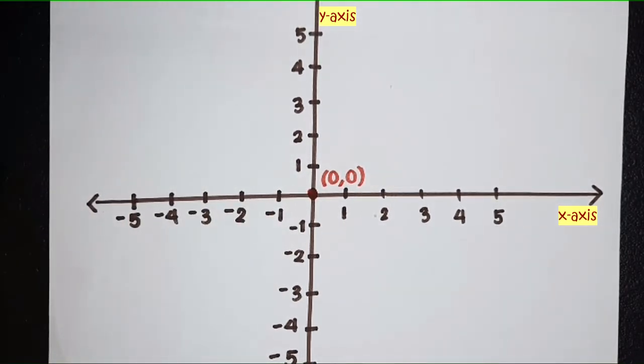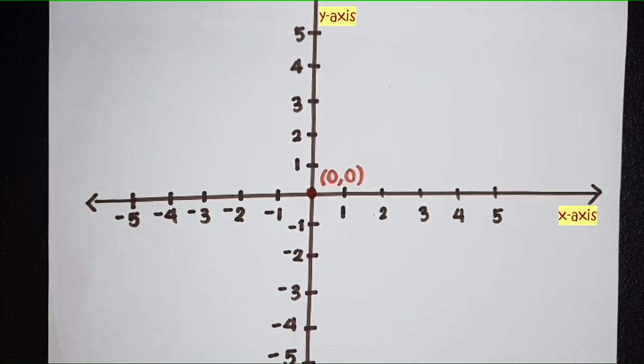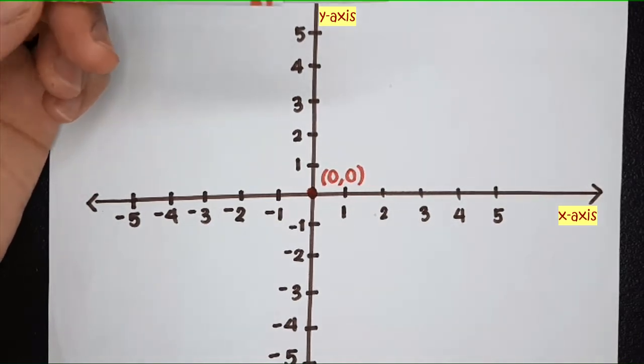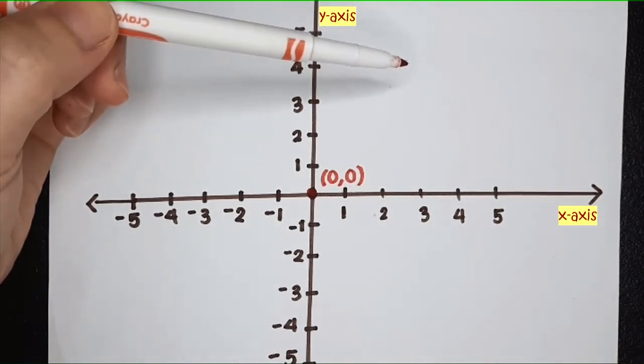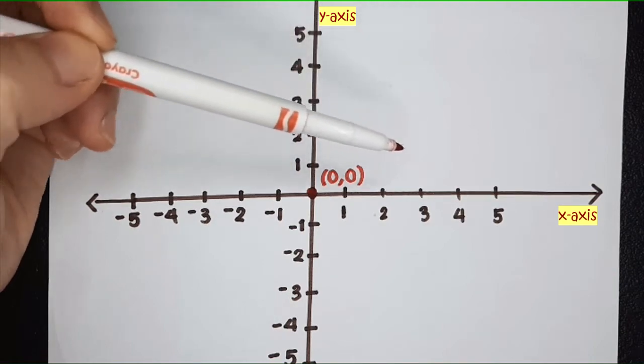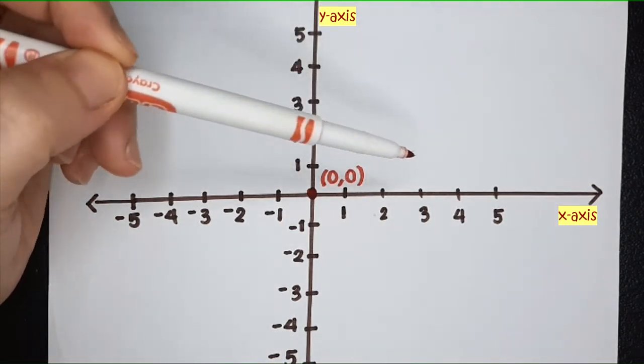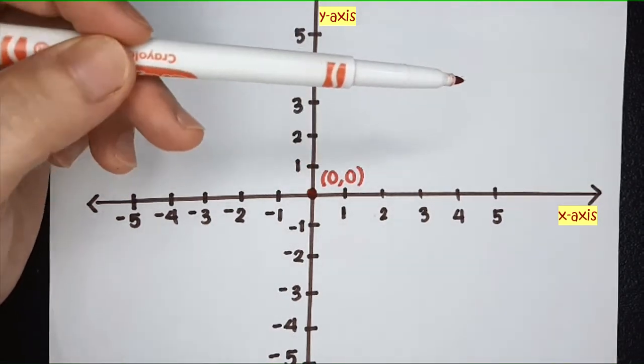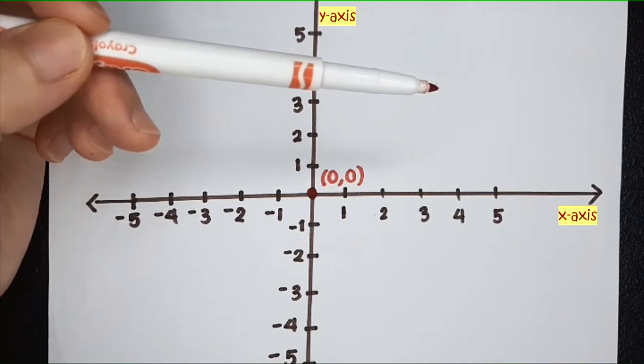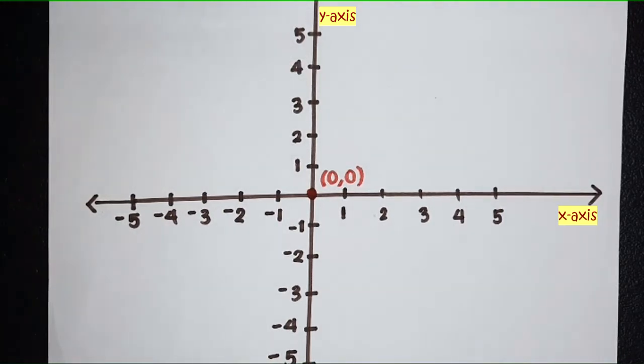Okay, so let us name some points on the Cartesian plane. Diba ito yung first quadrant? Let us find a point on the first quadrant. Paano yun? Kunyari, hanapin natin 4, 3.